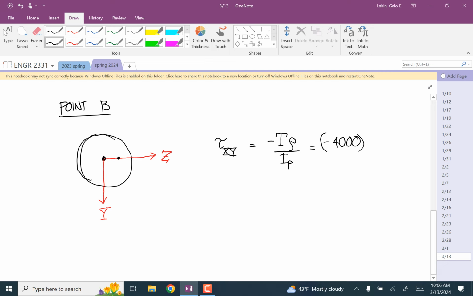The rho vector is from the centroid to the point that you care about. The total radius of this thing is 0.05, so the rho vector is 0.025. Are you with me on that? And then divide by the same polar moment of inertia. That doesn't change, that's just for the entire shape.